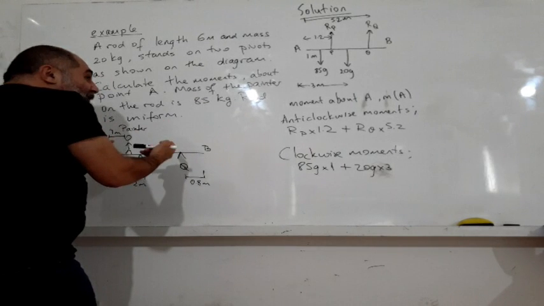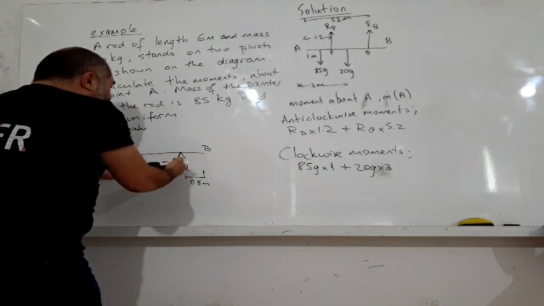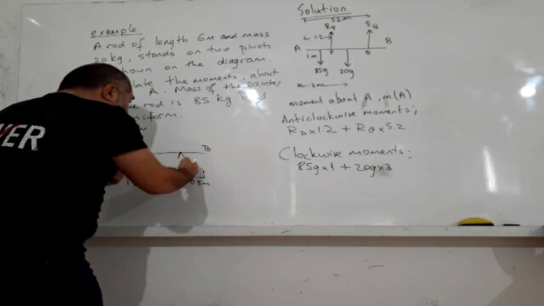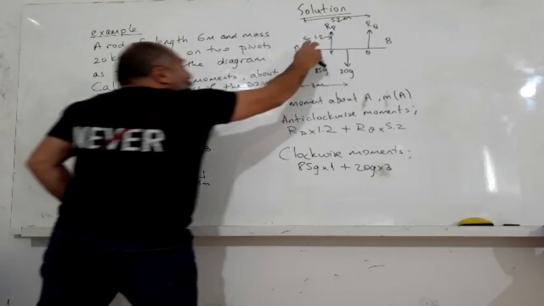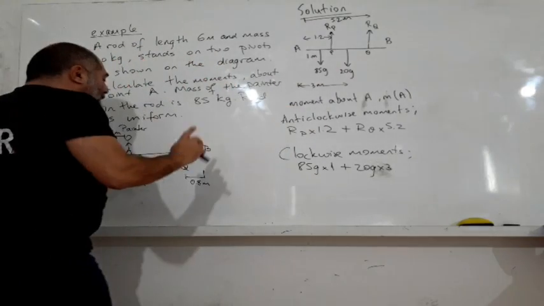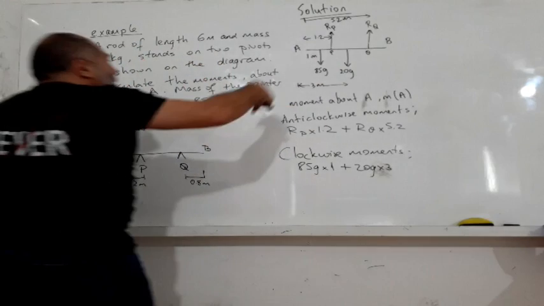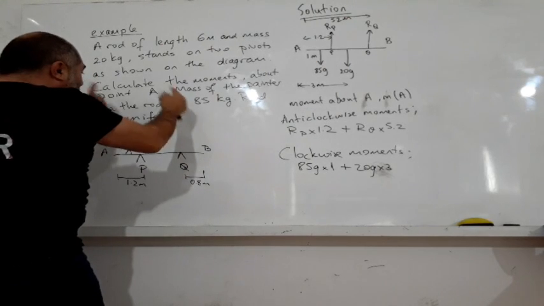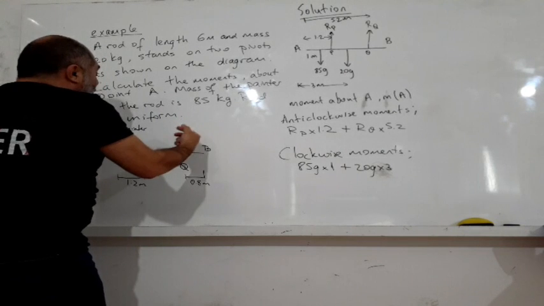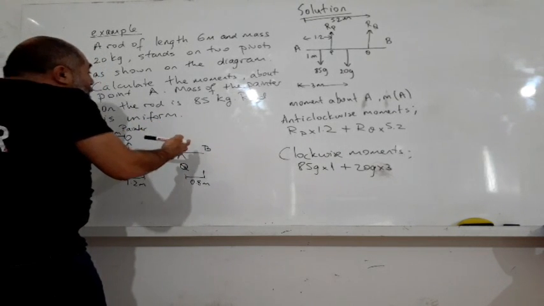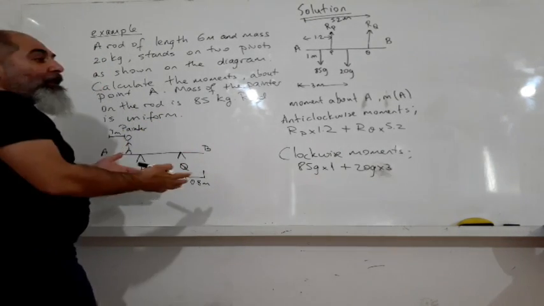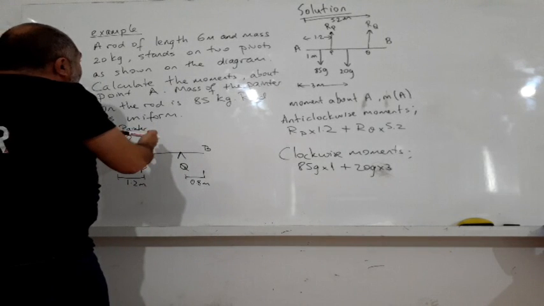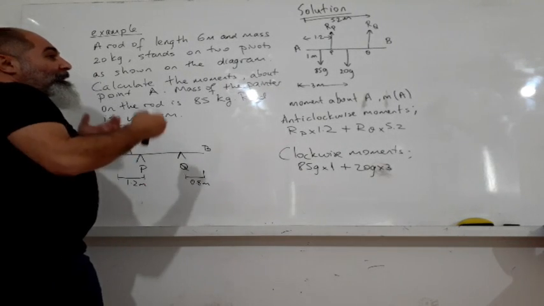If you have pivots, it means you have 2 reaction forces. If you have a single pivot, that means you have a single normal reaction force. But if you have tensions, if you have strings, that means on that example you are going to have tensions. That is very easy thing to see. Strings, tensions. Pivots, reaction forces. That's it.